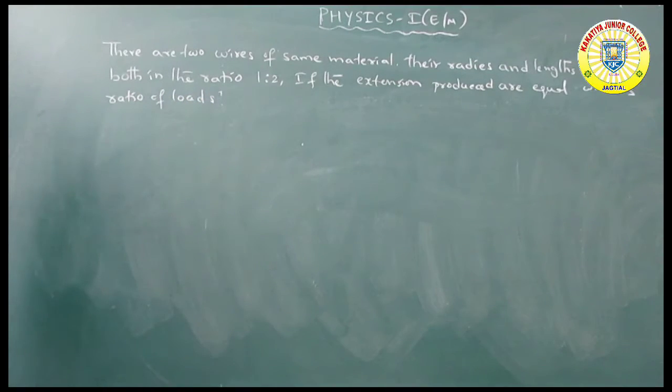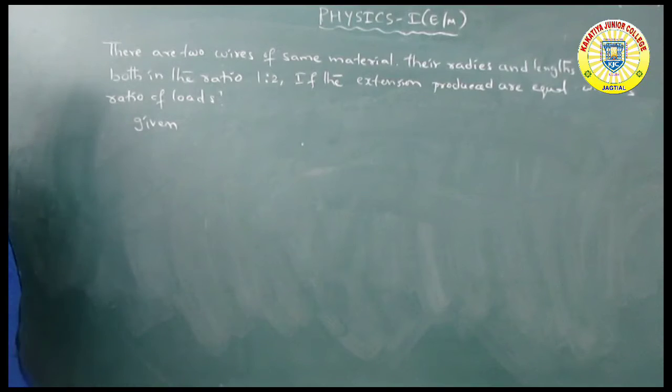Given that information, there are two wires of the same material, and the radius and length are both in the ratio 1:2. If the extensions produced are equal, what is the ratio of the loads to find out?